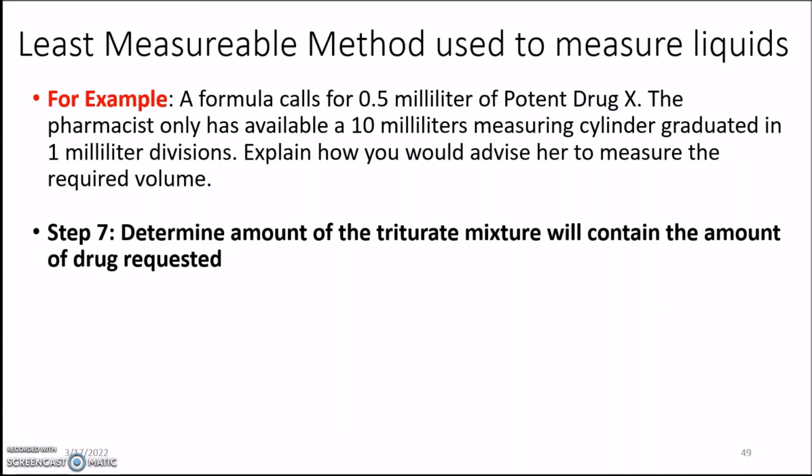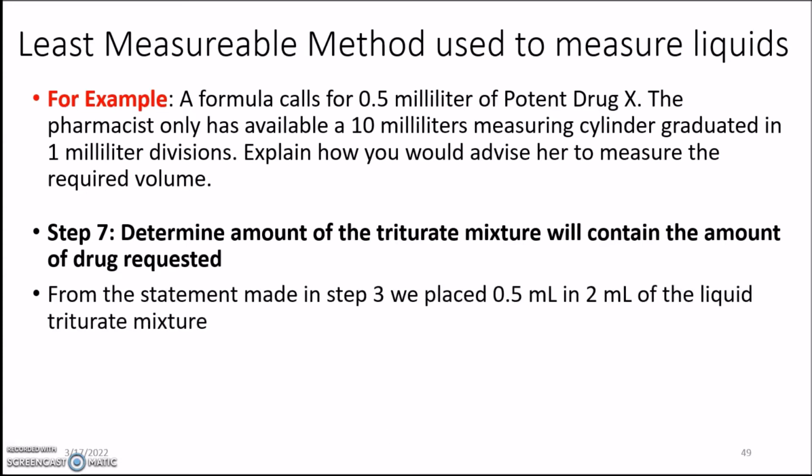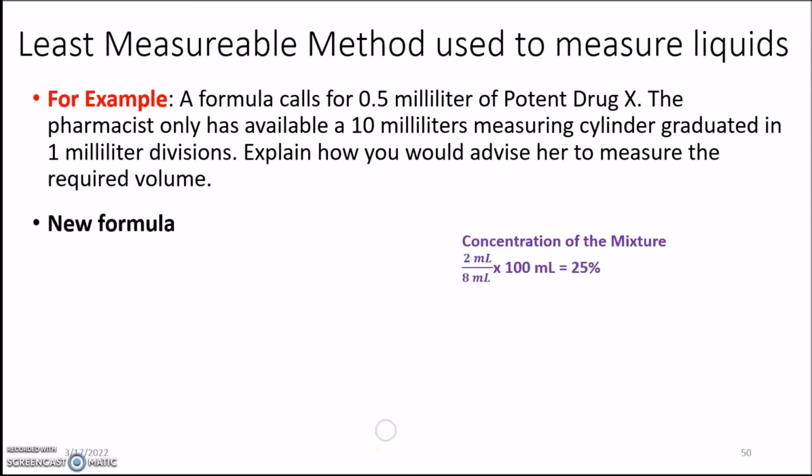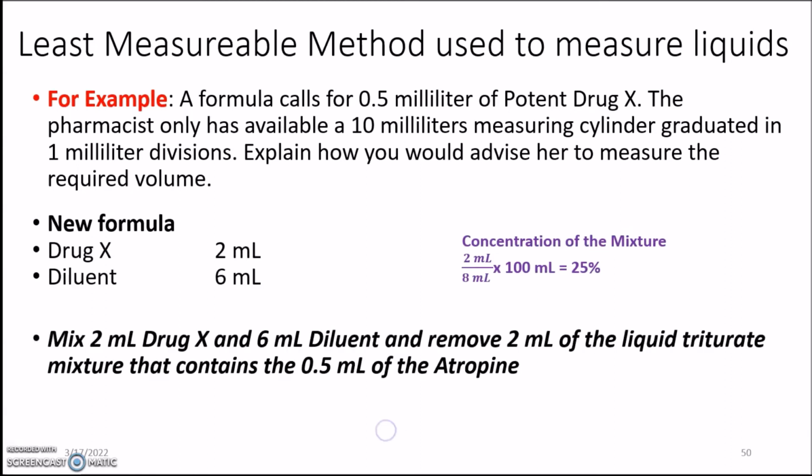How do we determine the amount of triturate mixture that will contain the amount of drug requested? We don't have to do any calculation because we made a statement in step 3. We decided that 0.5 mils of the drug will be contained in 2 mils of the liquid triturate mixture. So therefore, our new formula is going to be drug X 2 mils and the diluent is 6 mils.